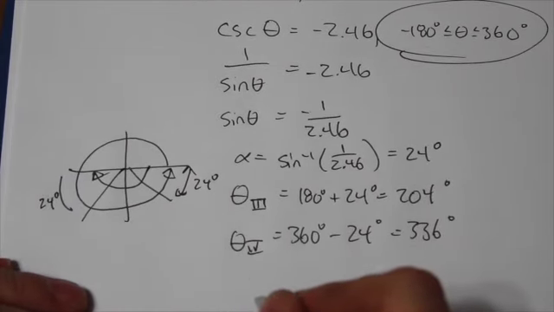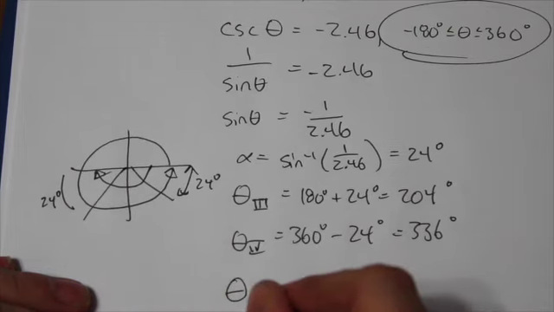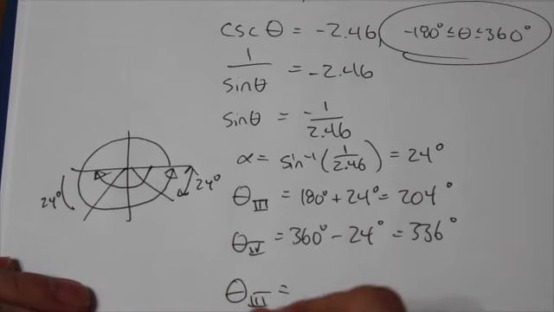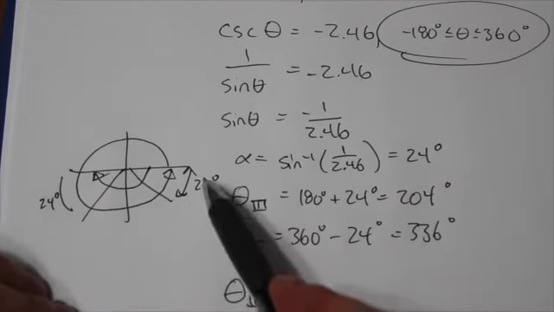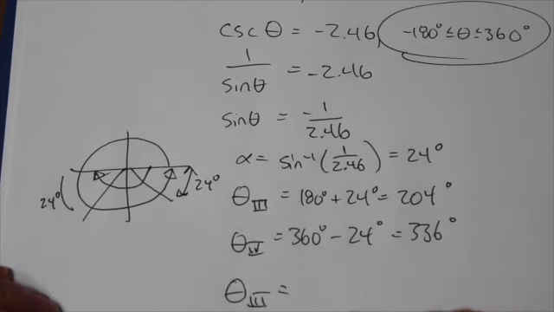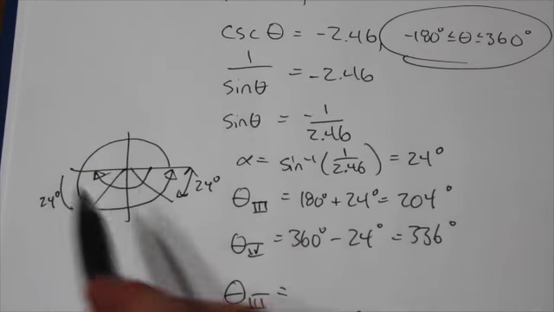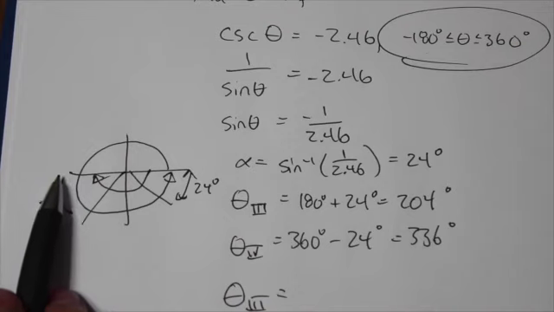Now I'm still looking at third and fourth quadrant angles. I'm still looking for the third quadrant, I'm still looking for the fourth quadrant, but there's two more here. This fourth quadrant angle, if I take a look at the negative rotation, is going to correspond to negative 24 degrees.